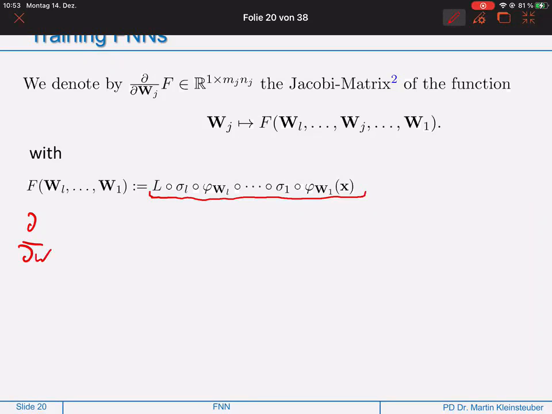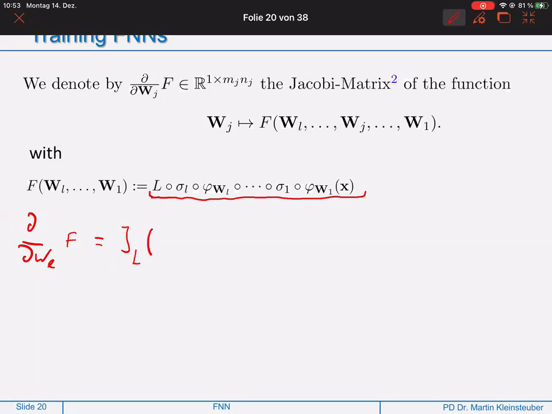So we have the dW_L of this f, and let's use the chain rule. The last function, the outer function, is L. So we have, using the chain rule, the Jacobi matrix of L, and L is evaluated at the last layer, of course, what the output is.